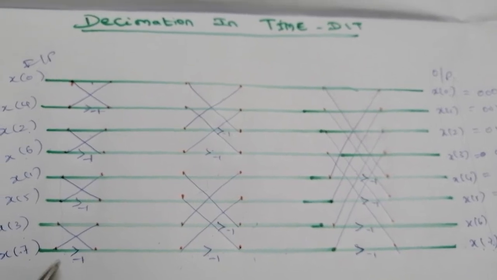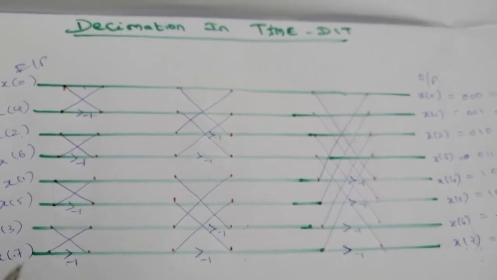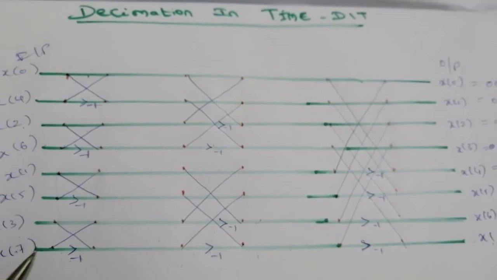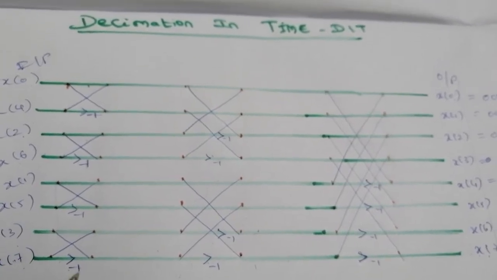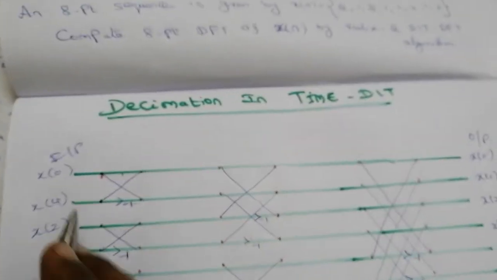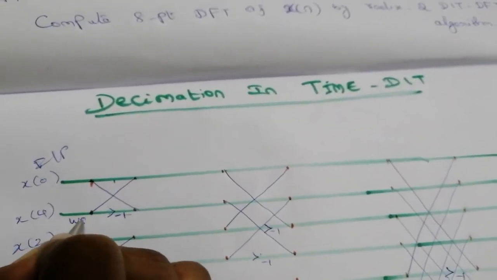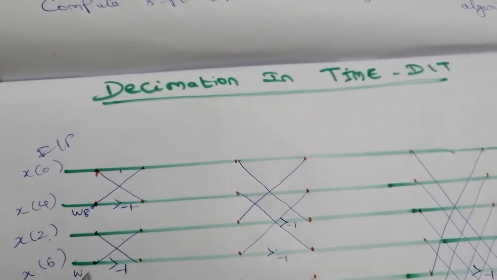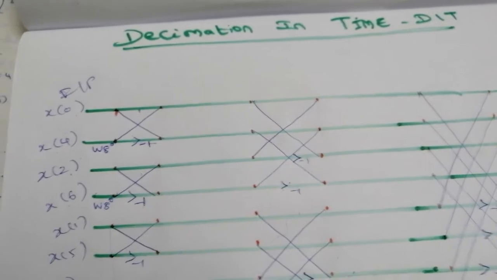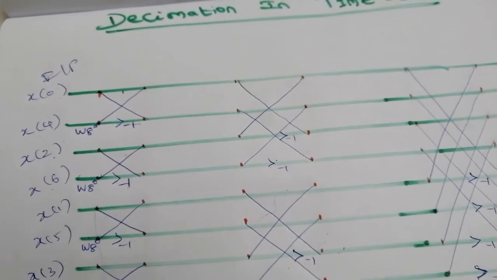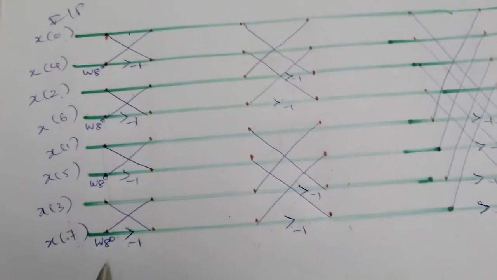So this is the next step. Then again, in the next step, we are going to multiply the Twiddle factor. The Twiddle factor term is multiplied in every -1 term, right? So in first stage, we are going to multiply W8 power 0 here. Likewise, in that line, W8 power 0, then from that line W8 power 0, here W8 power 0, right?